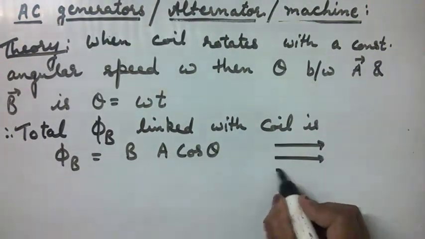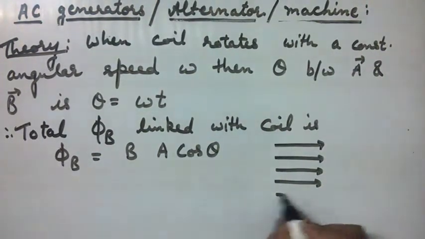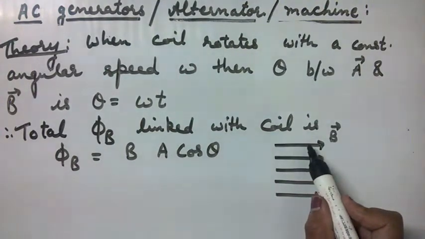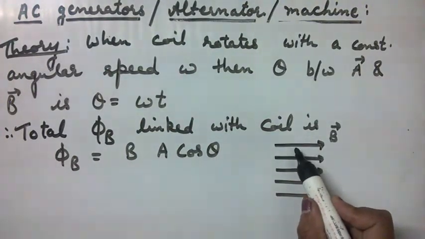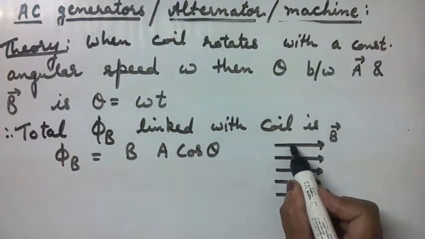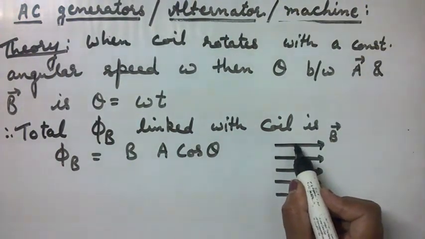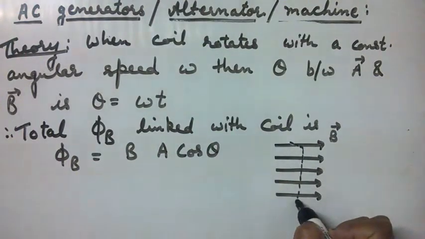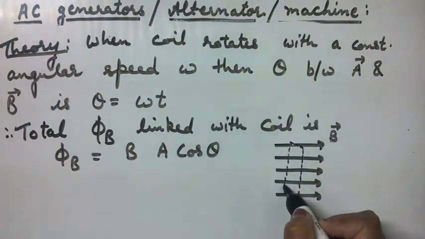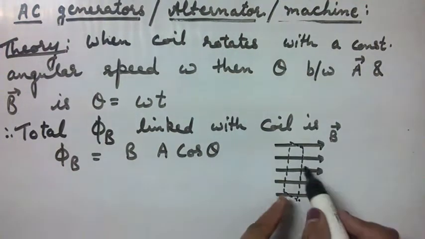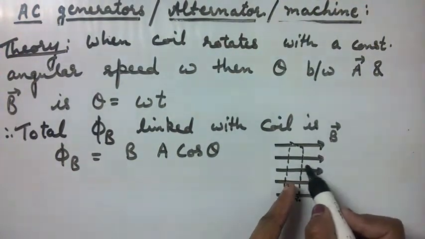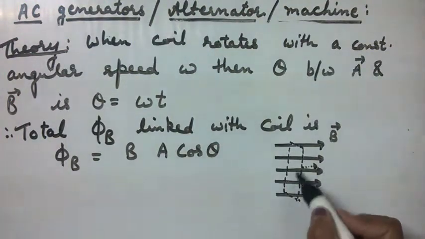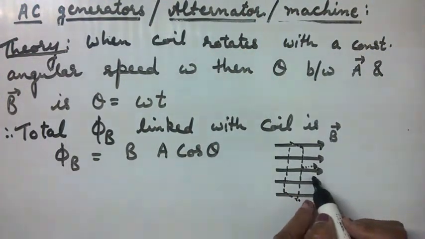Let us suppose these are the magnetic field lines. So the magnetic flux is the number of magnetic field lines passing through the normal area. So here this area is placed perpendicular to these magnetic field lines and its area vector is normal to this area. तो यहाँ पे मैक्सिमम मैग्नेटिक फ्लक्स इज दिस.